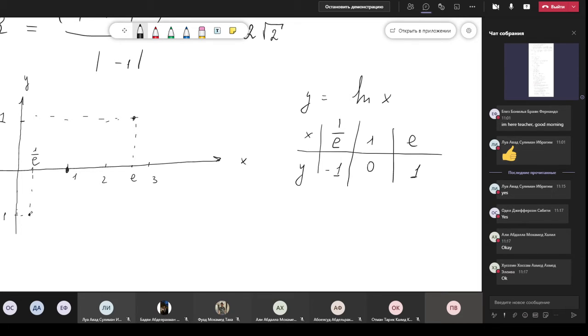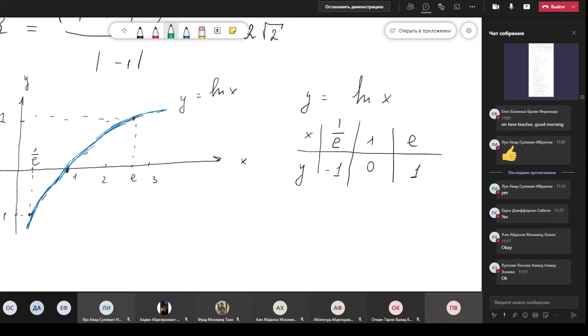Y is 1. And we have this line, this line, this line, this line. Y is the natural logarithm of x. Maybe the blue line, this line. Very, very good. Then our radius is 2 root of 2.